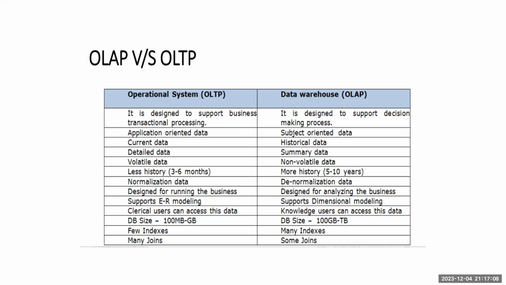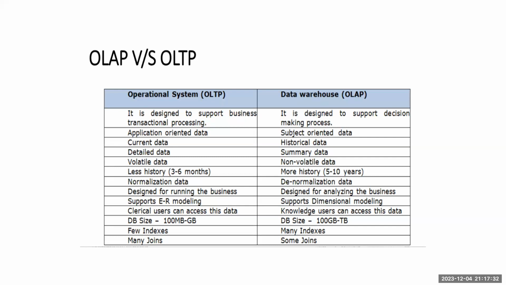Like yesterday I told you, whenever you are doing any transactions in your online applications, whatever data you are generating, that is your OLTP data. Okay, your real-time data. Whereas OLAP data is the historical data we store in the data warehouse. It is generally used for the market decision-making process.